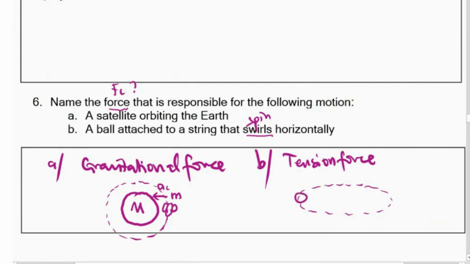You have a ball attached to a string, with one end of the string at the center and the other end on the ball. There is a weight going down, and then there's a tension, and the AC is to the right. You can see that only tension force is parallel with the AC. Therefore, the answer is the tension force, not the weight.